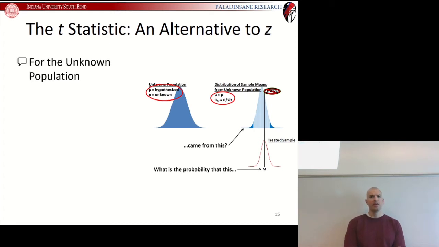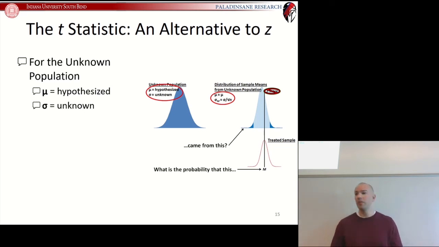So for an unknown population, in this first example, we have a hypothesized mean. So a mean that would occur if our null hypothesis was true. We have an unknown standard deviation. We don't know how wide it is, right? We don't know if every student would spend 12 hours at IUSB or if there would be a wide variability in how many hours people spent at IUSB to just average to 12.